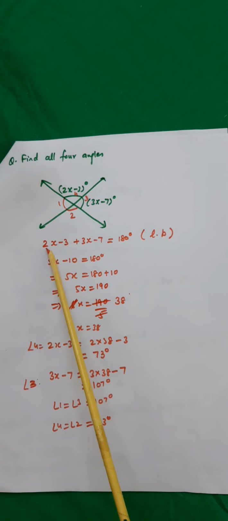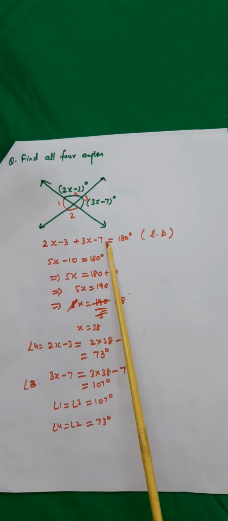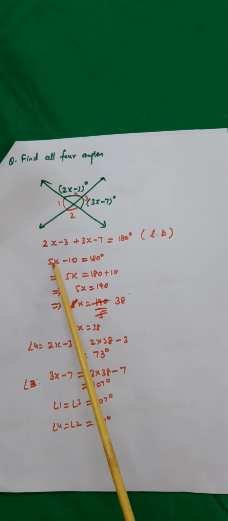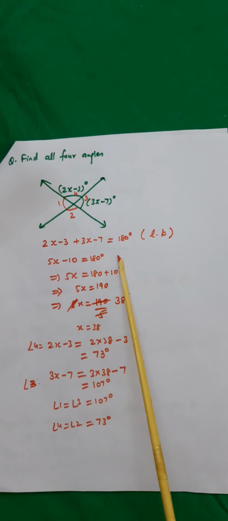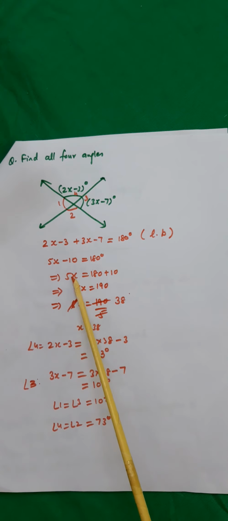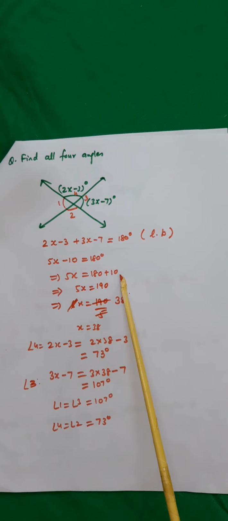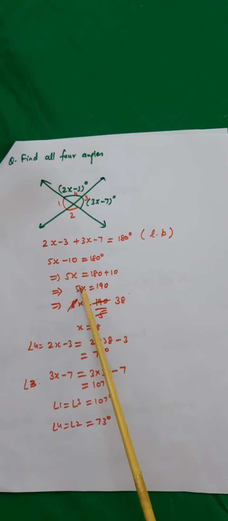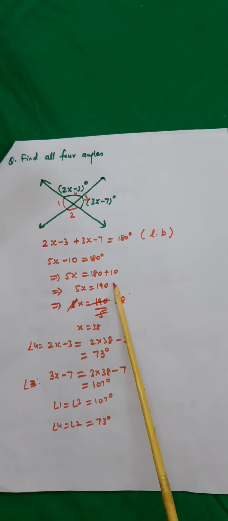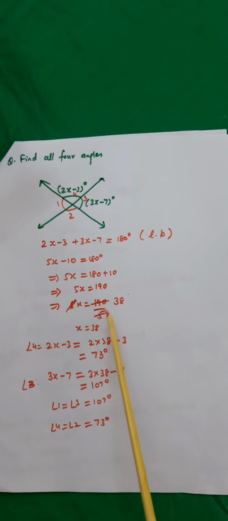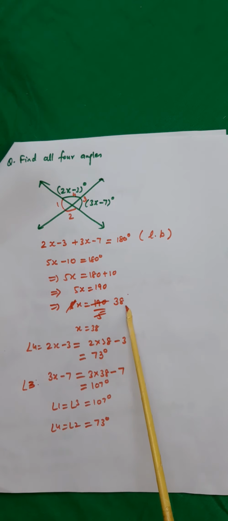That is 2x minus 3 plus 3x minus 7 is equal to 180. This implies 5x minus 10 is equal to 180, which implies 5x is equal to 180 plus 10, implies 5x is equal to 190, or x is equal to 190 upon 5, which is equal to 38.